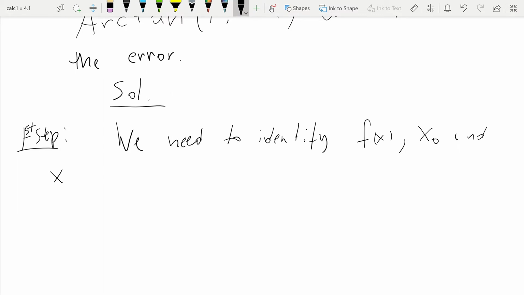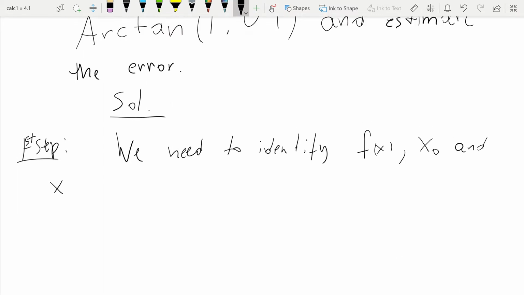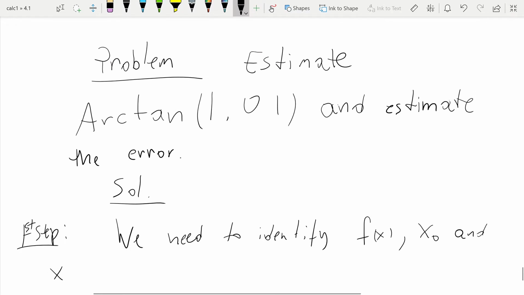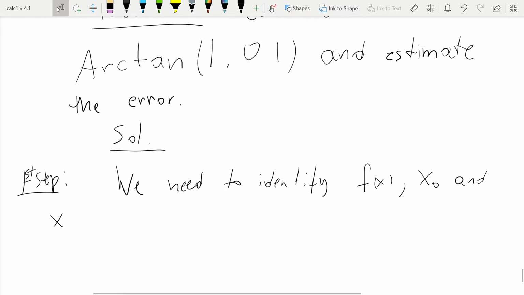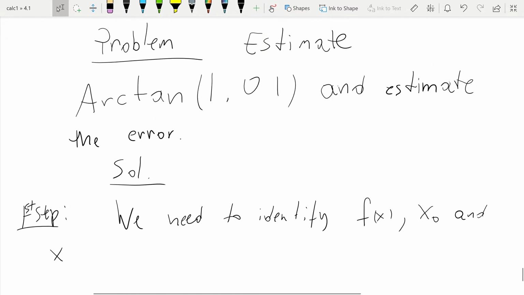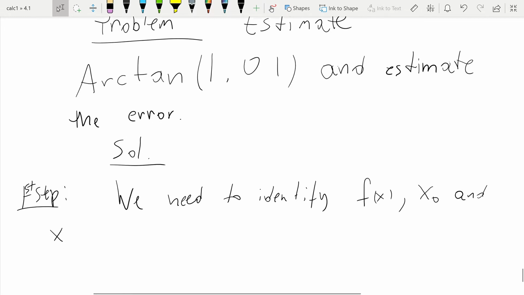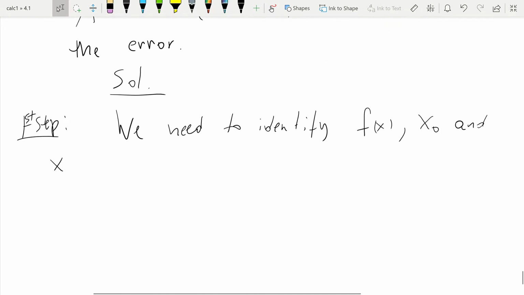Sometimes problems will be worded in this way, just given a function at some point and then estimate the error. As I said before, if you just look at the problem and you see there's an arctan, then that's probably the function f, and that's the case.